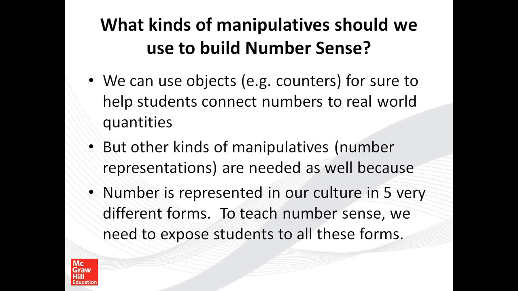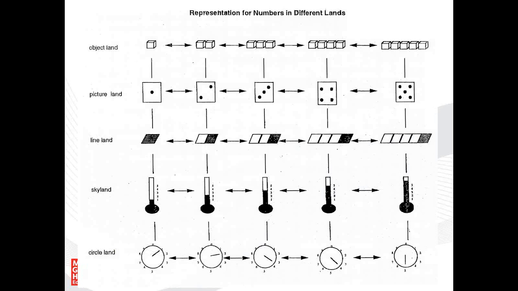But other kinds of manipulatives or number representations are needed as well, because number is represented in our culture in 5 very different forms. To teach number sense, we need to expose students to all these forms. This image here depicts the 5 different forms. If you start at the top line and work down, we'll look at the figures on the right.